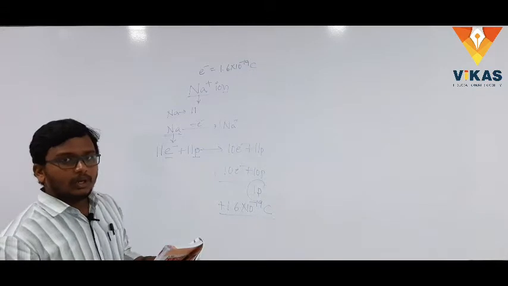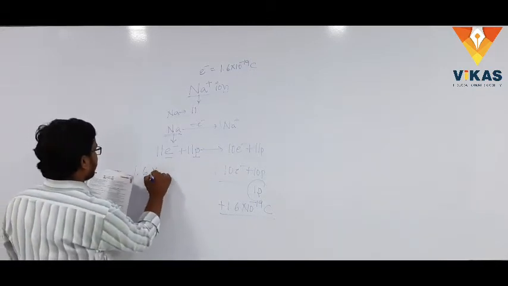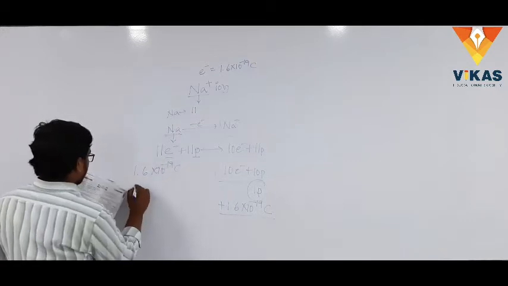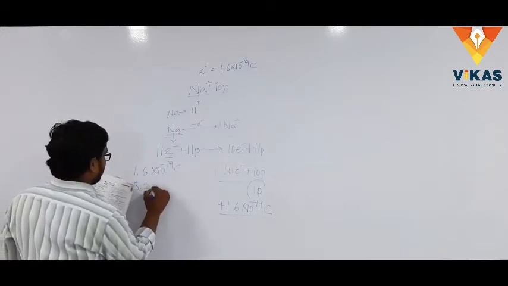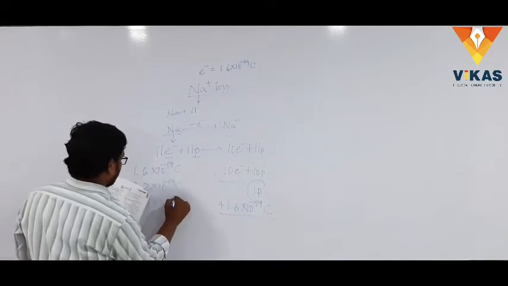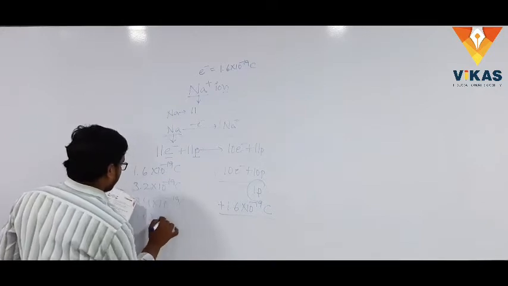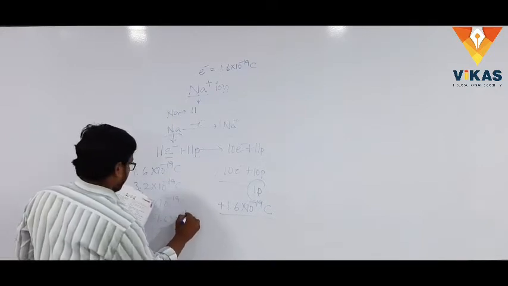In magnitude both are the same. So the options given are: 1.6 into 10 to the power minus 19 coulombs; the second option is 3.2 into 10 to the power minus 19 coulombs; 2.4 into 10 to the power minus 19 coulombs; and 1.6 into 10 to the power minus 19 coulombs.